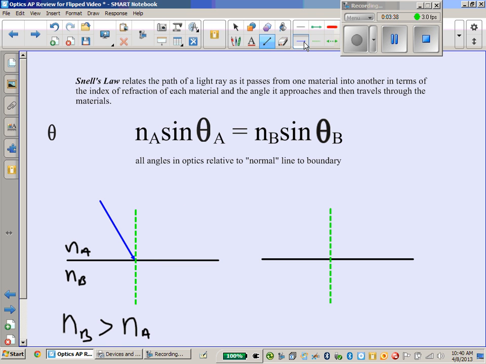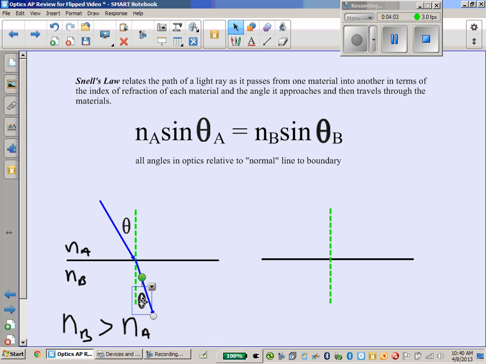And again, the significant thing to remember is that all angles in optics are relative to the normal line. I've drawn the normal line as the green dashed line. This is the boundary, so we're going from air into water, for example. This is the normal line, or the perpendicular line. All of our angles have to be measured relative to the normal line and the light ray. Likewise, the same thing's true here.